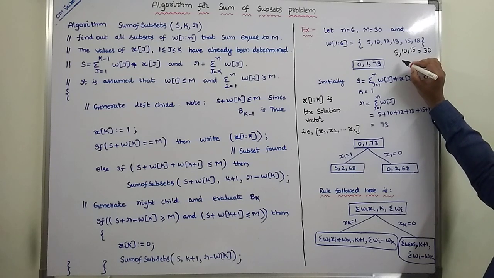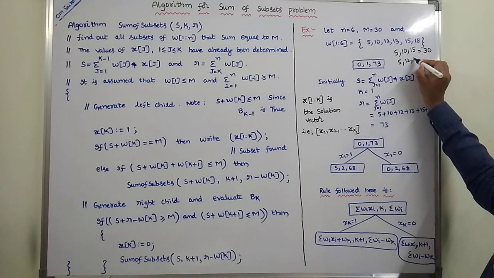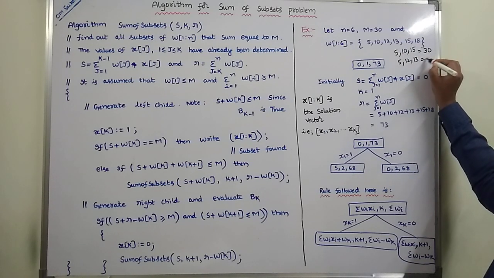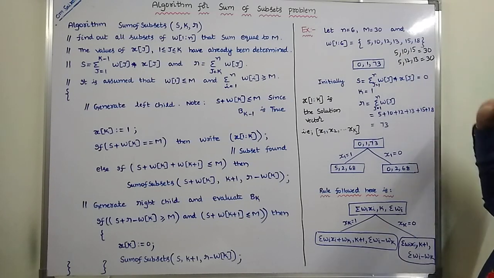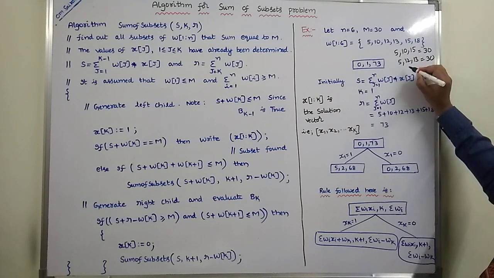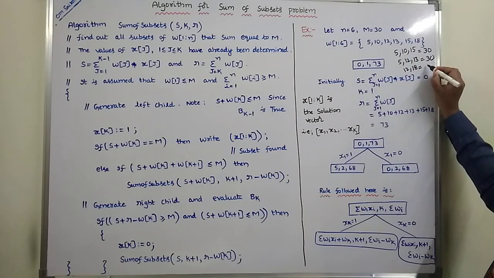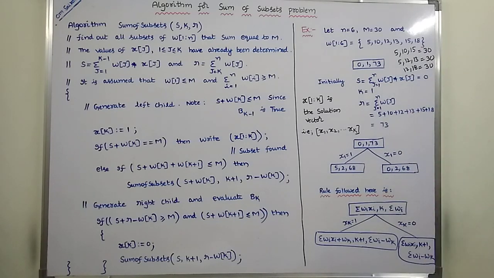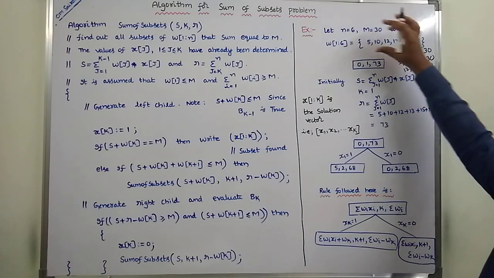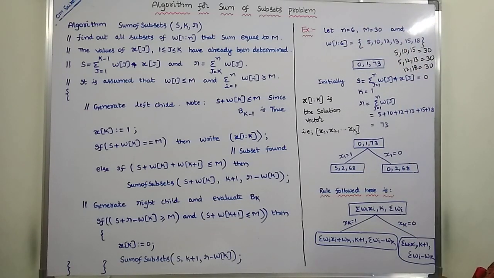Next one, 5 comma 12 comma 13, that is also 30. This is another solution. Next one, 12 comma 18, 12 plus 18. So these are the solutions for this given problem.